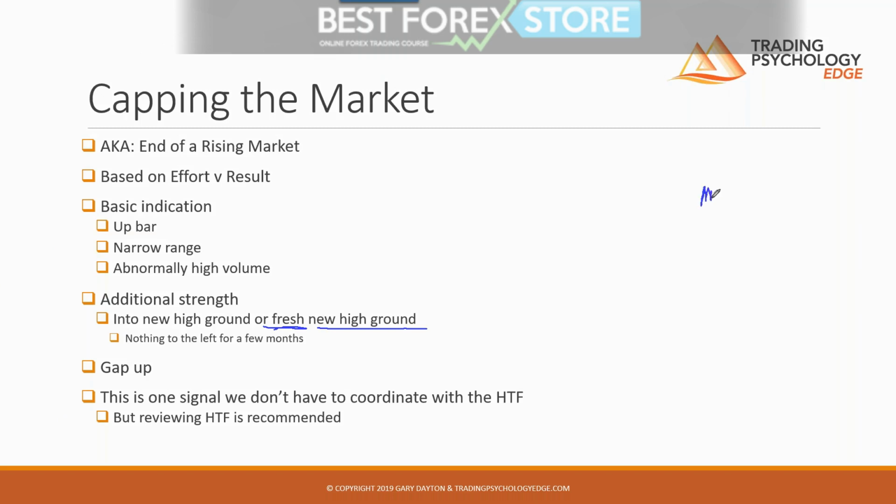Okay, so you're here. We haven't seen prices in here for the last 3 months. Okay, that's as far as our chart goes, and there's nothing here. So that would be considered new high ground for this market.